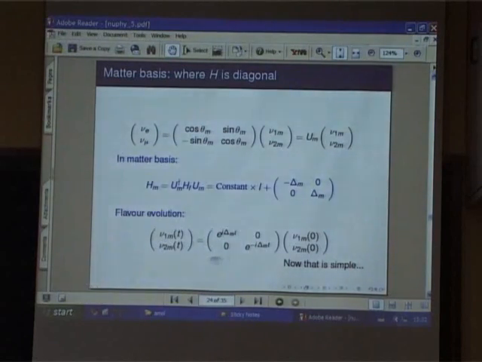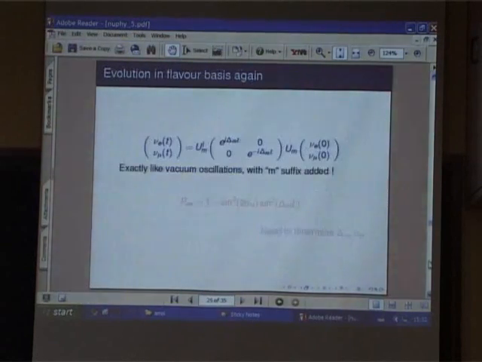Once I write everything in this form, I also know what the evolution is. So even for nu e and nu mu, remember we had this e power i delta t, e power minus i delta t, and I apply U dagger and U on these two sides, and I find the final value of nu e and nu mu. So exactly what we did for vacuum, now we are extending that to matter.